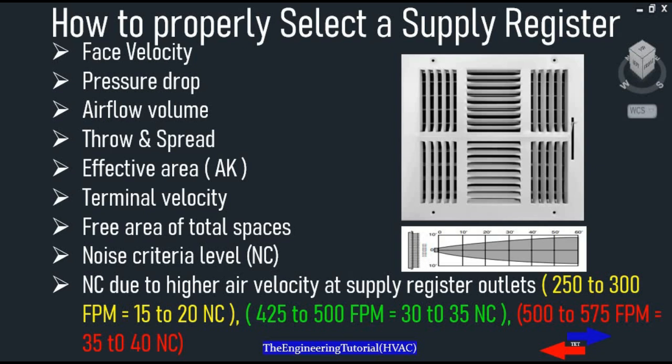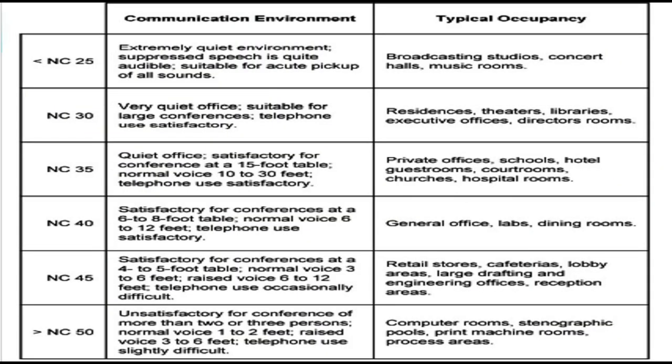So it is very important to understand how noise criteria readings are determined, what they mean, and how they should be applied. If you take a look at this engineering data, the recommended NC level for residential areas is 30 to 35, and it should not exceed 35.